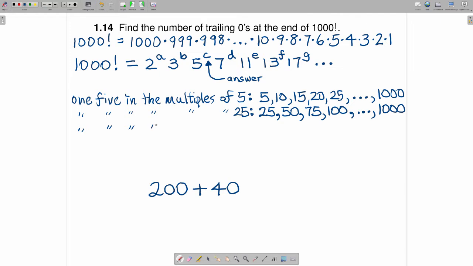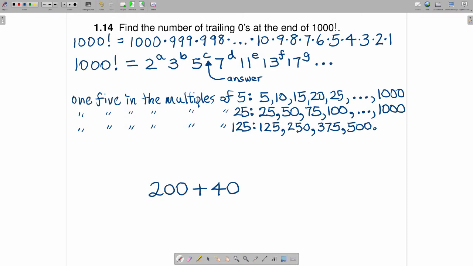But there is more. There is 1 5 in the multiples of 125. So 125 is 5 to the 3rd power. So for example, that's going to be 5 times 5 times 5. So not only was 125 in this list, 125 also showed up in this list. So it gives you still one more 5. So there's 125 and 250 and 375 and 500.